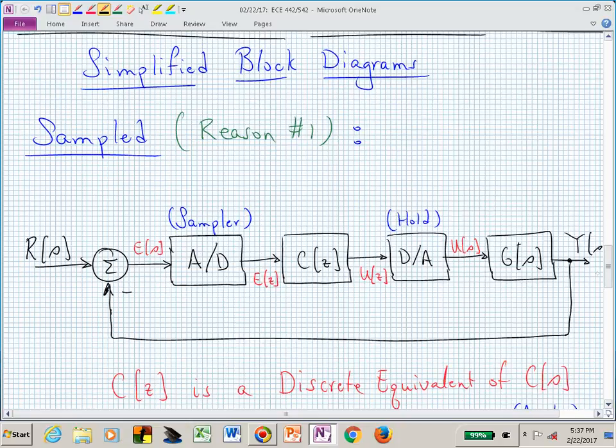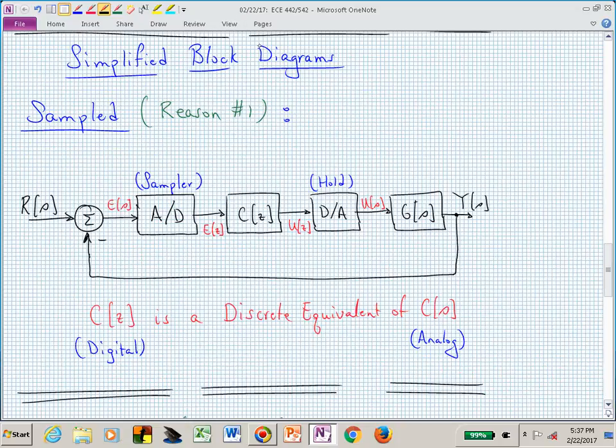Here's a simplified block diagram for scenario number one. And this is now a sampled version of the analog scenario, where I'm simply illustrating one of the input-output configurations from the reference input to the output Y. I'm getting rid of some of the other inputs, the disturbance or the noise inputs.